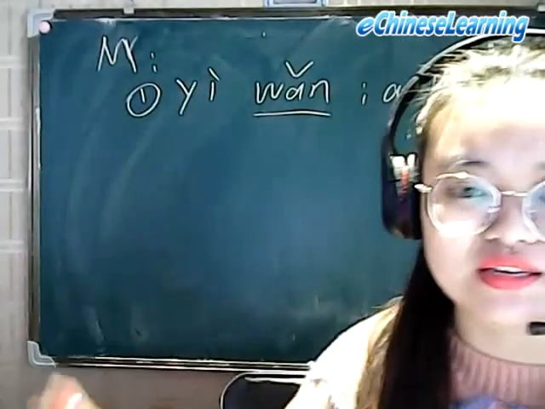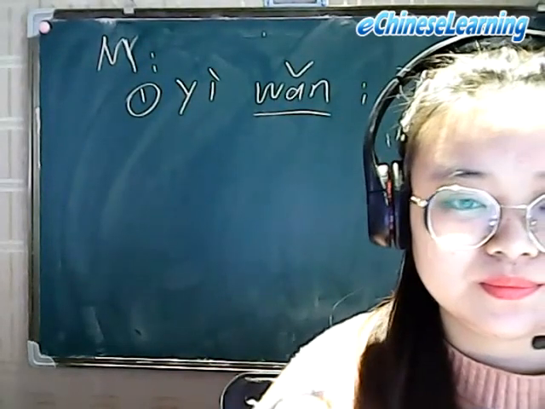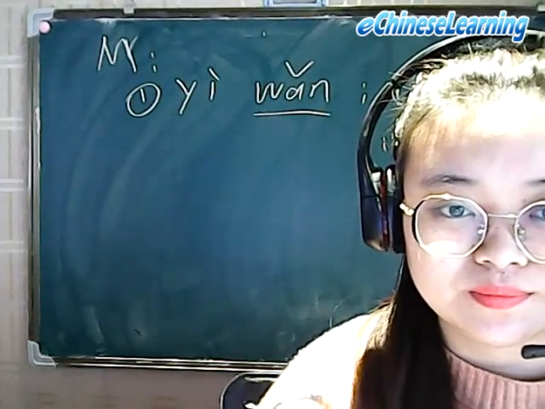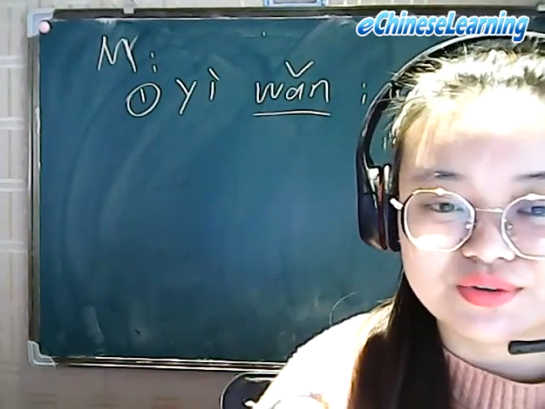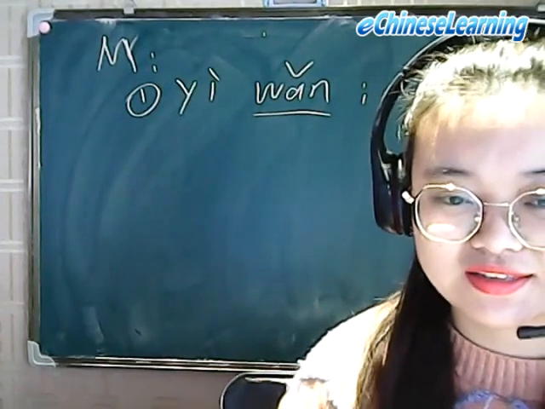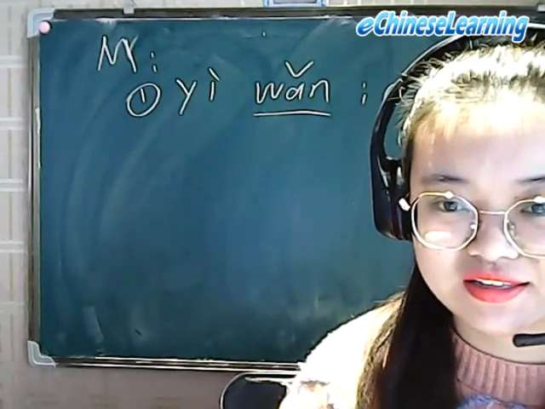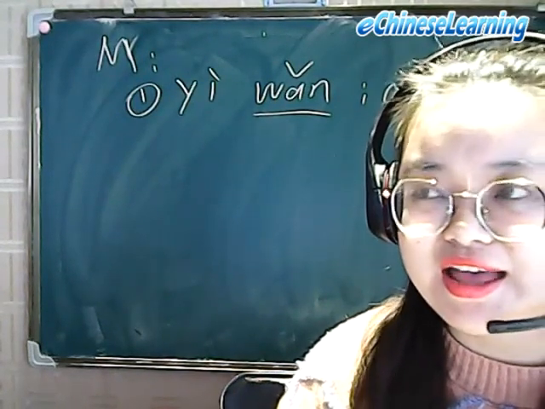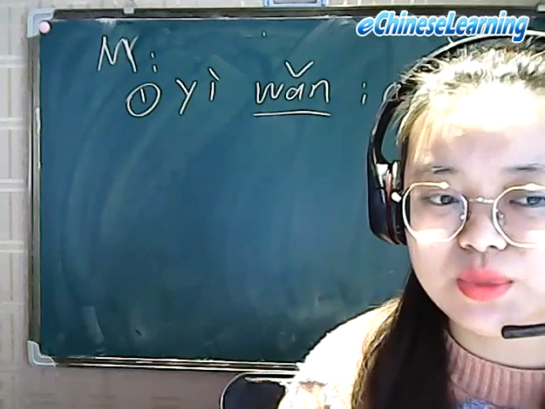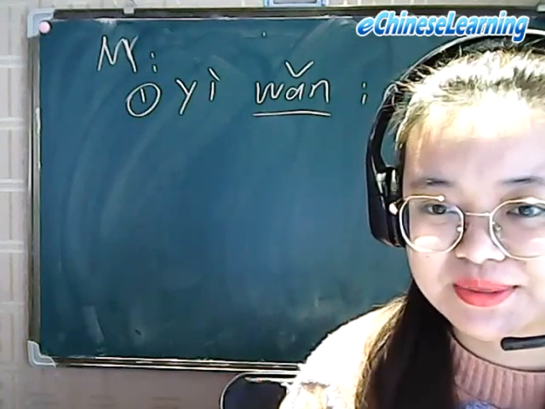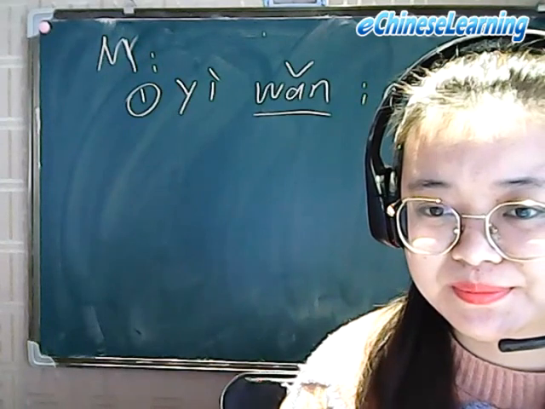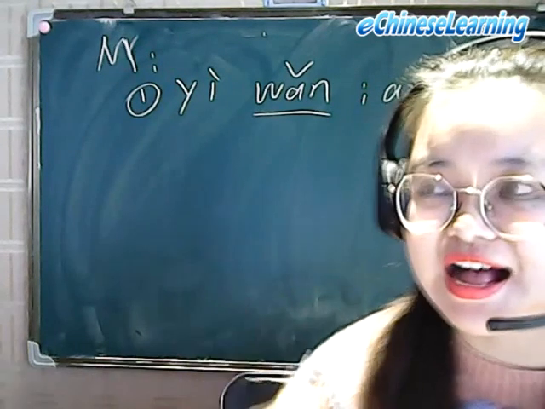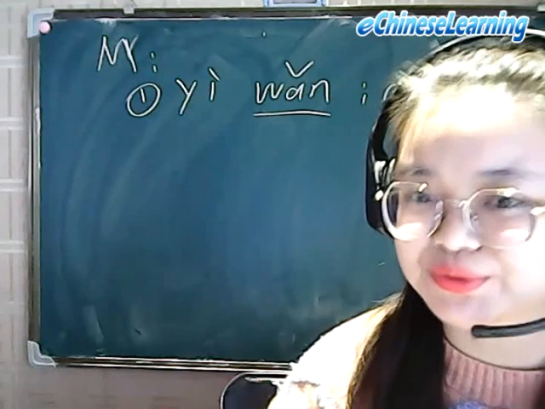So 一碗面条. Yeah, you can also use it. Yes. And 一碗饺子多少钱? Yes. 一碗臭豆腐多少钱?